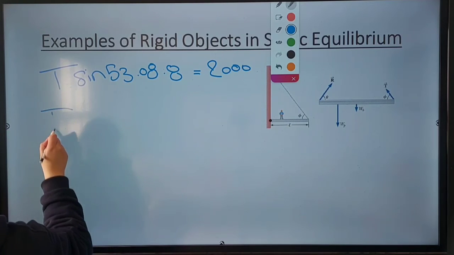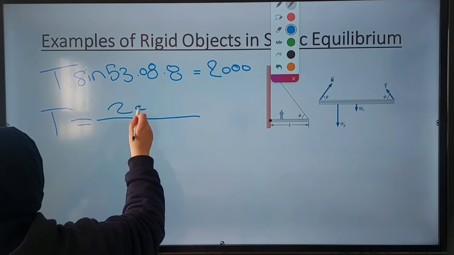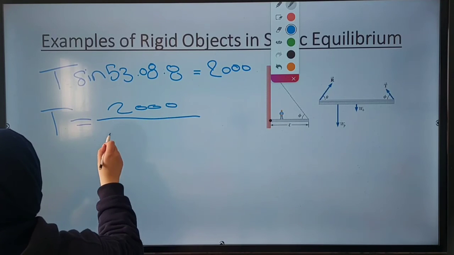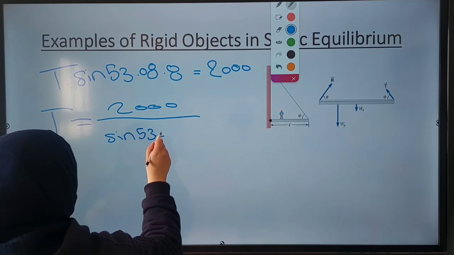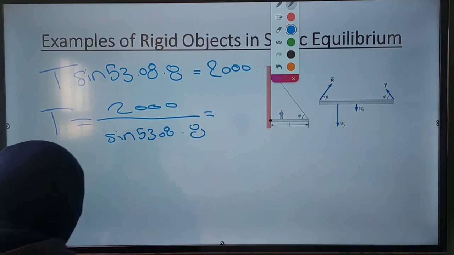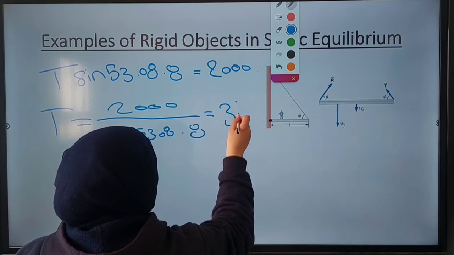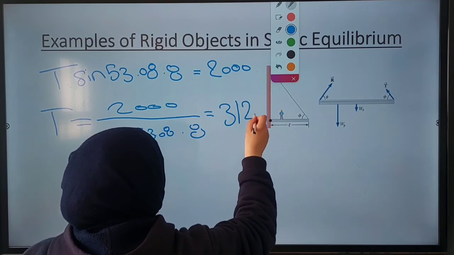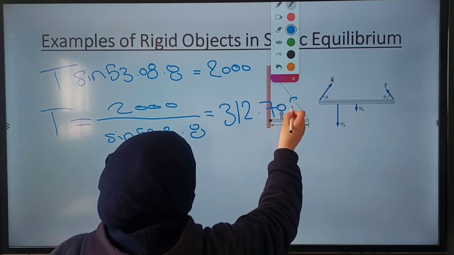So the tension force is going to equal 2000 over sine 53.08 multiplied by 8. We are going to determine it: 12.705.